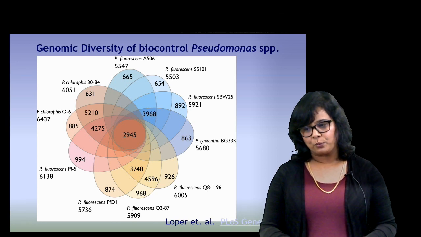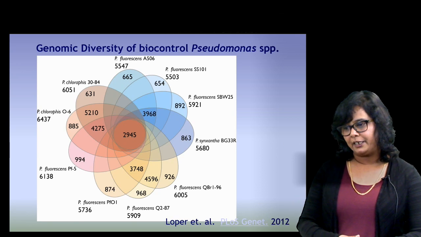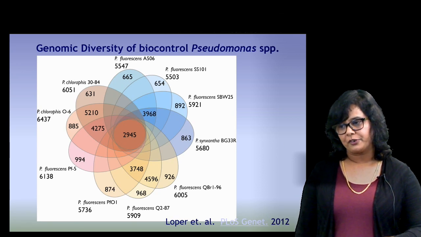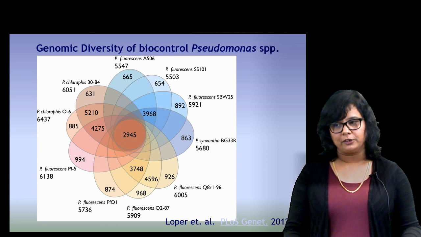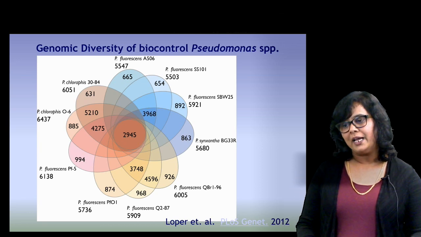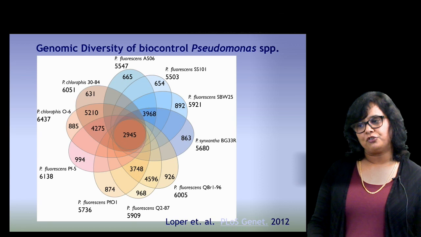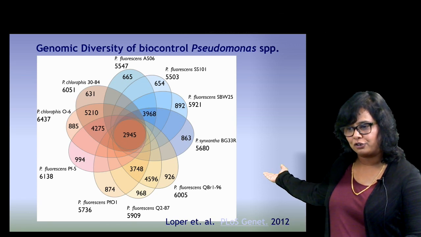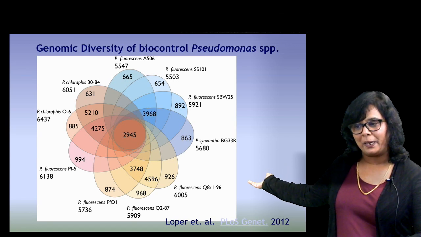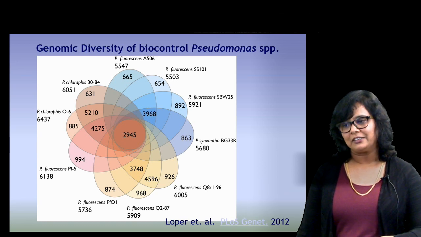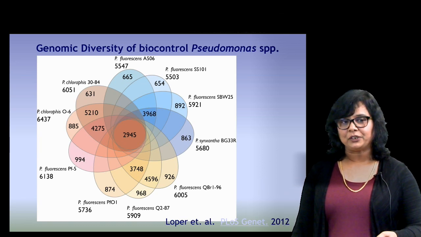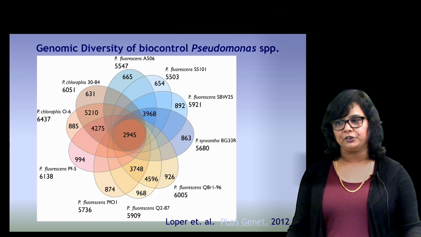Now this project was done by a group headed by Joyce Loper, and was a consortium of different groups, including Dr. Vella and Dr. Tomashow. And what they did was they sequenced the genomes of all of these strains that you're seeing here. So each petal represents the genome of one strain. And as you can see, these strains all have some things in common and some things that are unique to them.